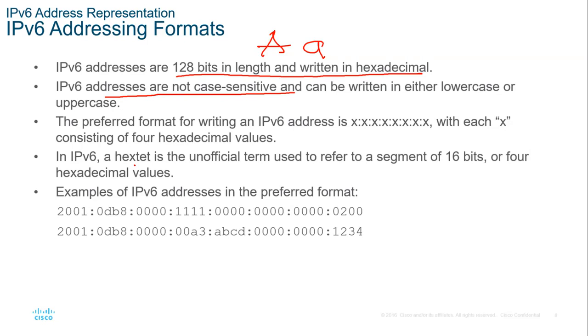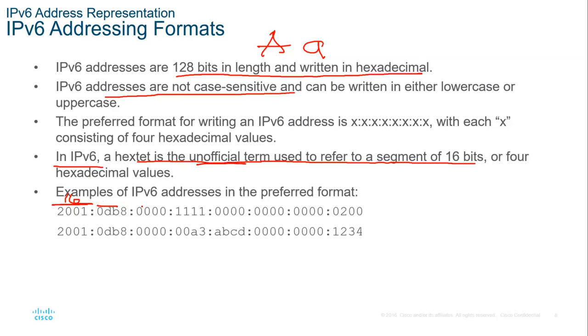So IPv6, a hextet is an official term used to refer to a segment of 16 bits. It's the official, technical name. So this is a hextet, and it's a segment of 16 bits.